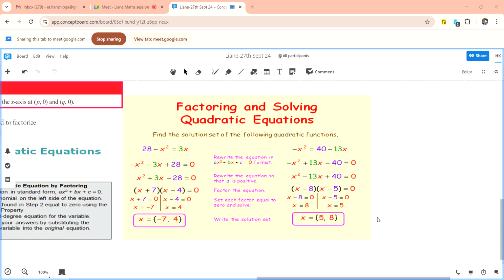28 minus x square is equal to 3x. The very first step is to set all the terms on the same side. So it becomes minus x square, that plus 3x from the right hand side is shifted to the left hand side. Are you getting this?